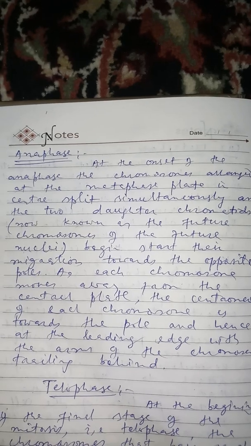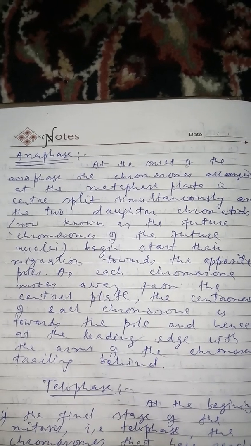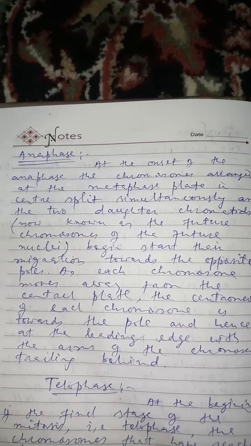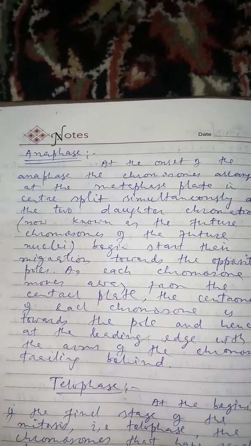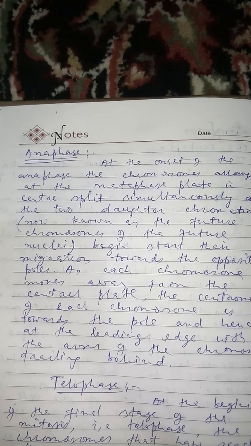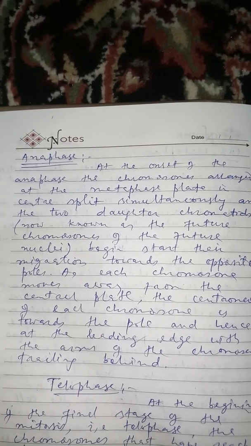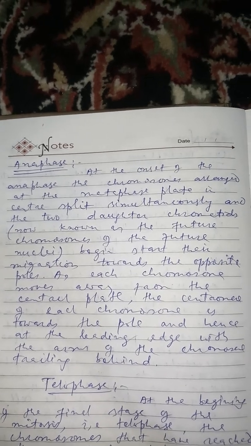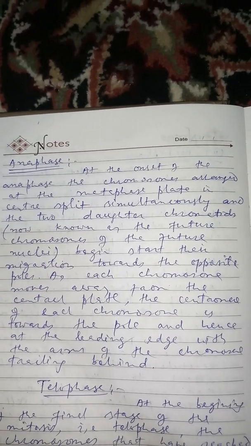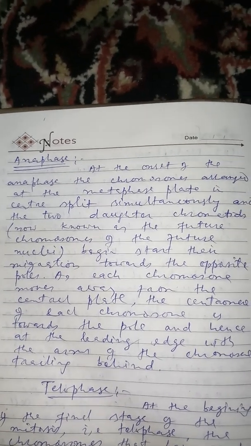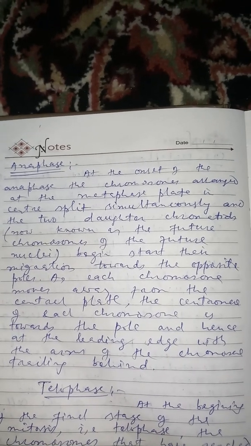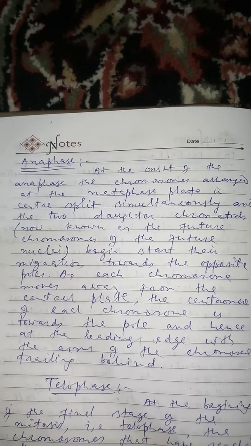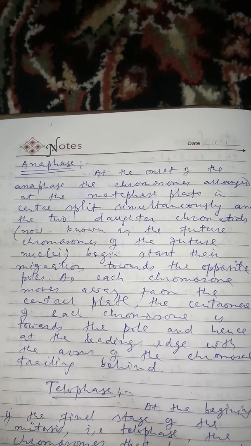But here in anaphase, those chromosomes arranged in the center start splitting simultaneously. They divide, they split, and two daughter chromatids, now known as future chromosomes of the future nuclei, are formed.